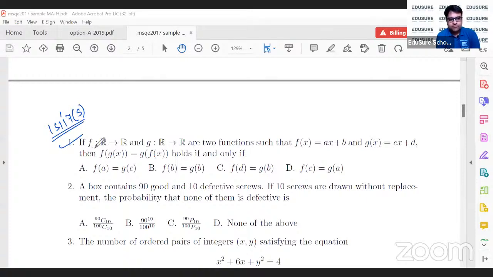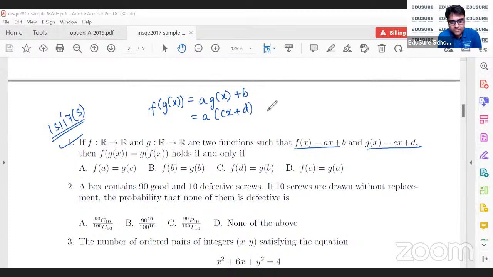So f real to real, g real to real, fx is this, gx is this. f of gx will be basically a of gx plus b. Gx is what? Gx is cx plus d, plus b. So acx plus ad plus b.